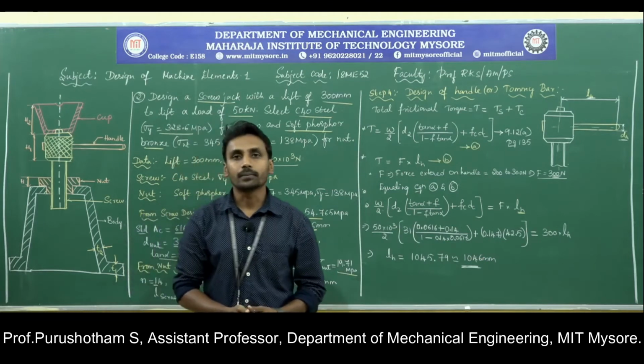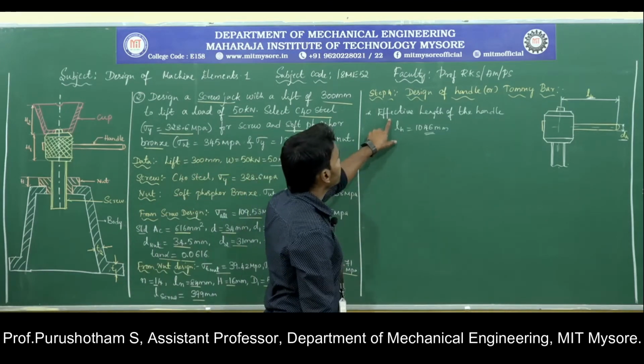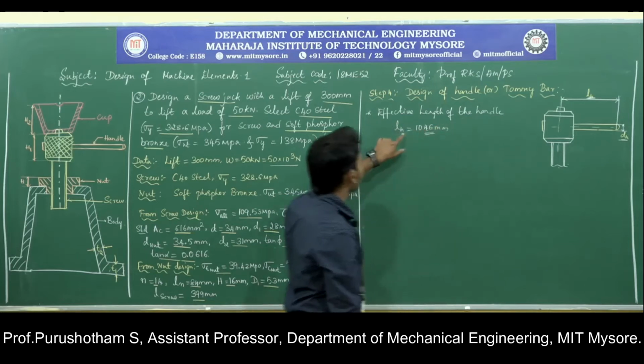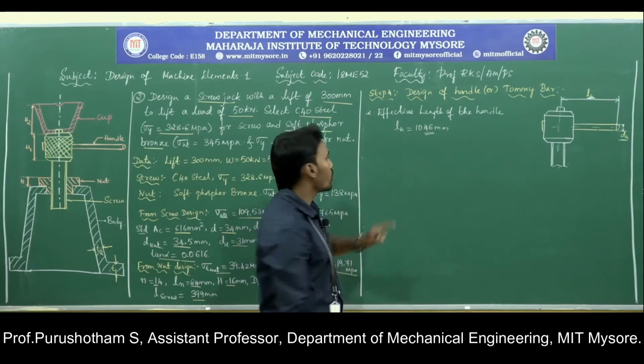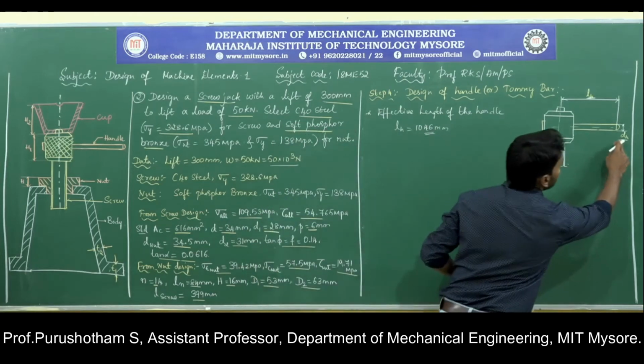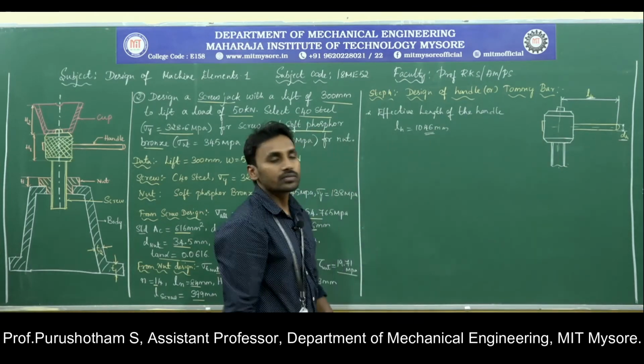Now we have found the effective length of the handle, LH, equal to 1046 millimeter. Now what we need to find out is the diameter of the handle.